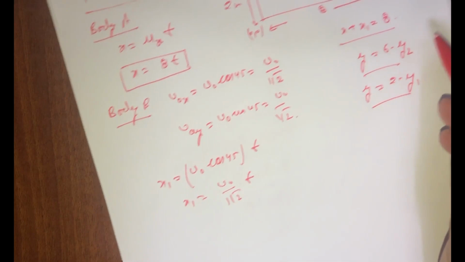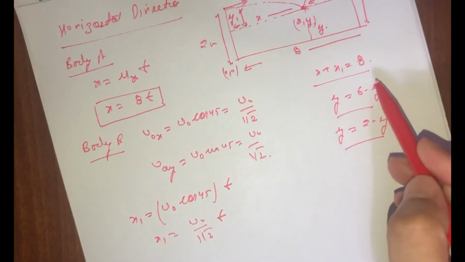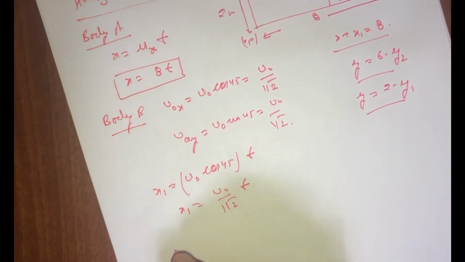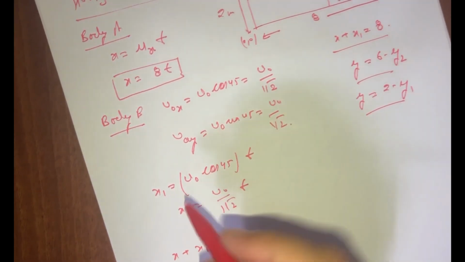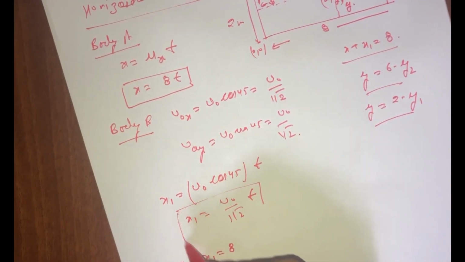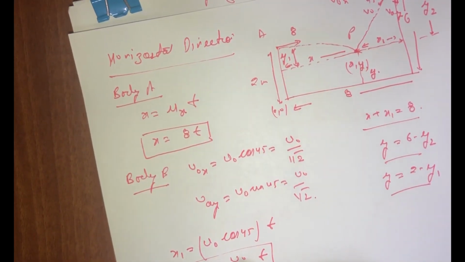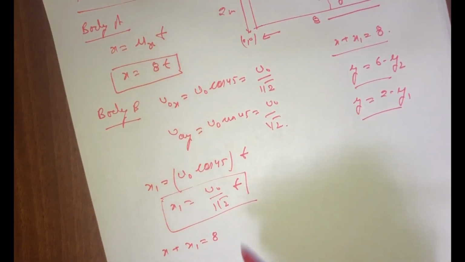We have already said that x plus x1 is equal to 8, so we are going to use this formula here. We substitute the values of x as well as x1. So x is equal to 8t and x1 is equal to v0 divided by square root 2 multiplied by t.